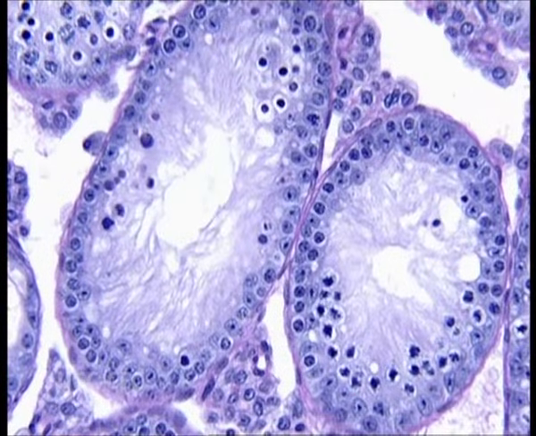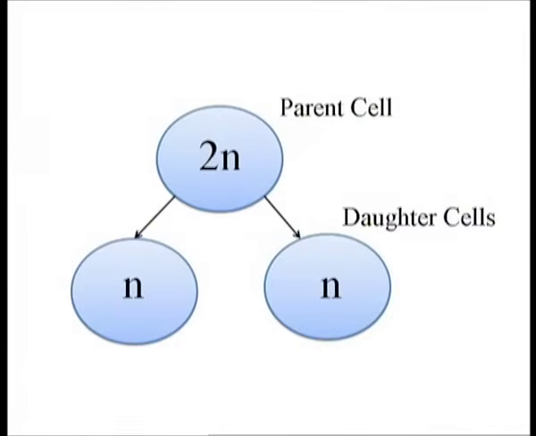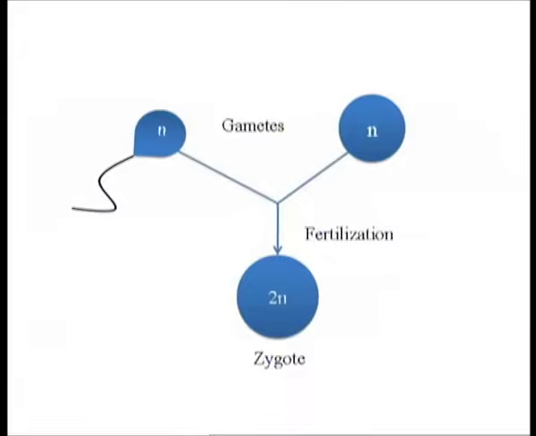It occurs in reproductive cells, for example in the testes of male organisms and in the ovaries of females, to produce gametes. In meiosis, the chromosome number is reduced to half in gametes, so that when doubled at fertilization, it once again becomes 2n or normal.